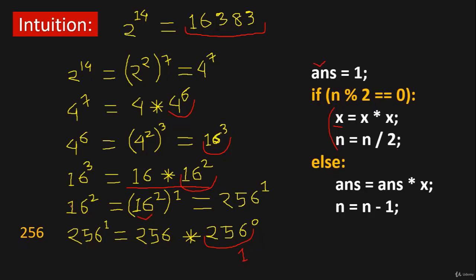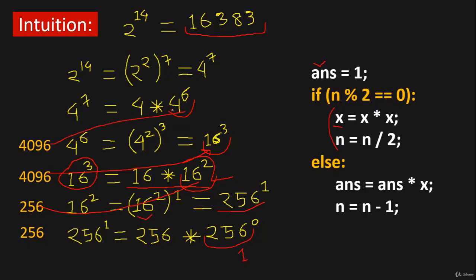So 16 to the power 2 equals 256. So 16 times 256 equals 4096. And this is the value for 16 to the power 3. So this value will return for this. So here we have 4 to the power 6 equals 4096. So 4096 will be returned to this 4 to the power 6.